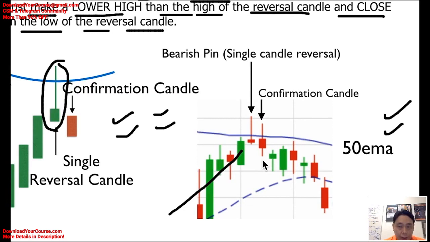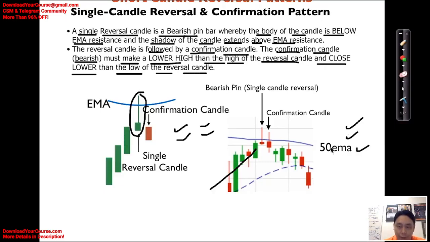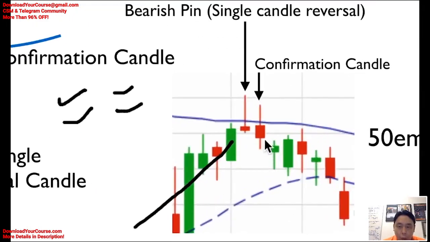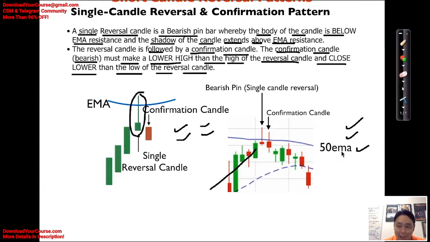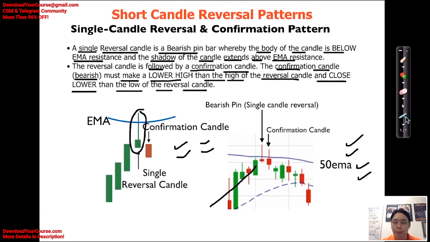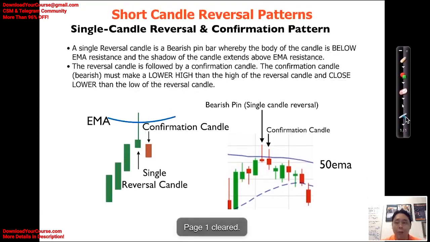Is it bearish? Yes, it is. Does it make a lower high than the high of the reversal candle? Yes, check. Does it close below the low of this candle? Yes, check. All boxes are ticked. It's a confirmed single candle reversal with a confirmation. We can go short. Again, revise this as many times as you need to. I can't emphasize that enough.